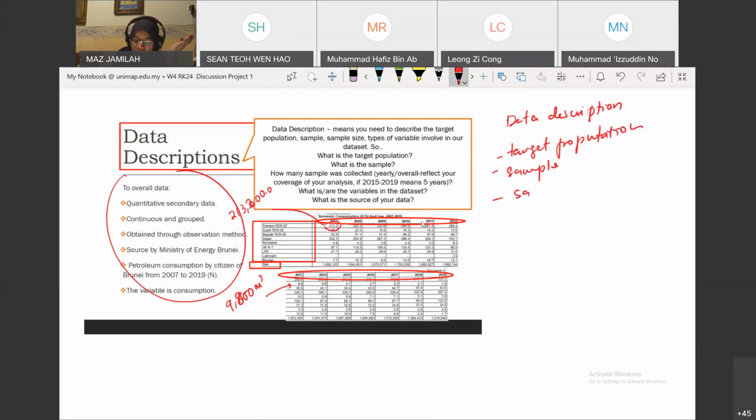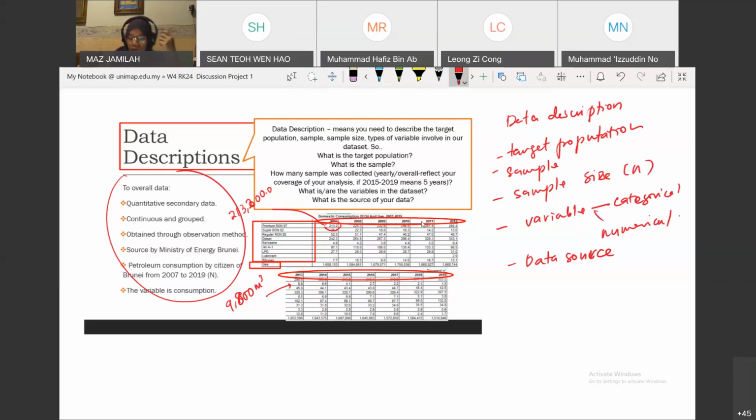What is your sample size? That will be your N. And then what is your variable? Is it categorical? Is it numerical? And then what else? And then data source.